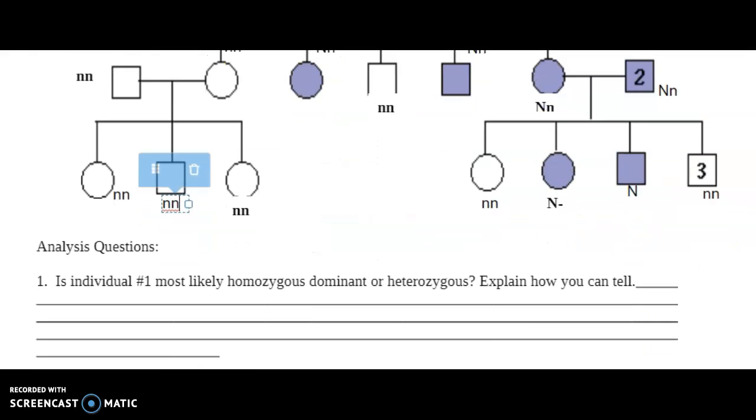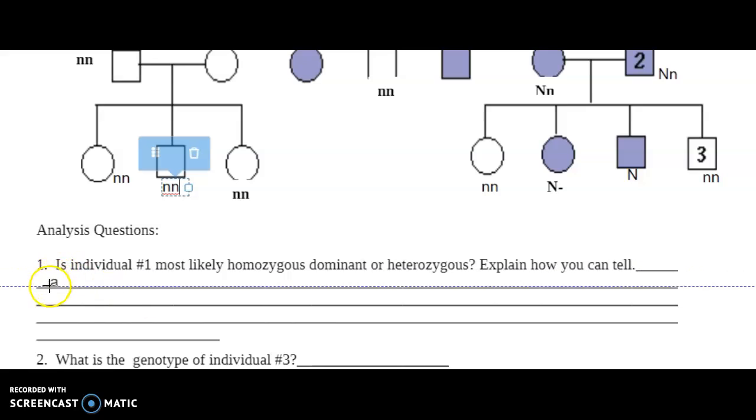We can say individual number 1 is heterozygous.